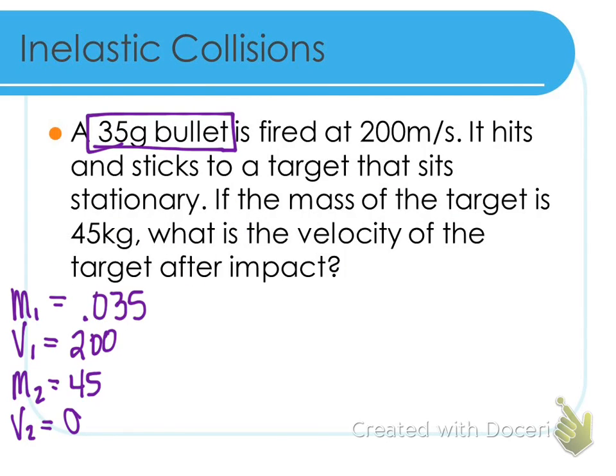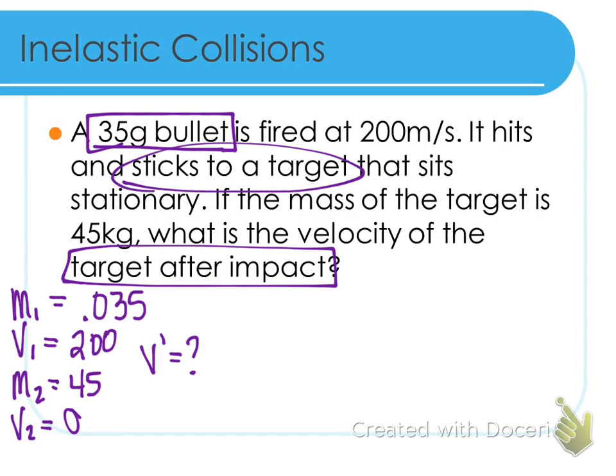Okay, sorry, we're not going to have V sub 1 prime. We're solving for V prime, because the velocity of the target after impact, it tells us it sticks to the target. So that's really target plus bullet. Okay, this is an inelastic collision, so it's the target plus the bullet.